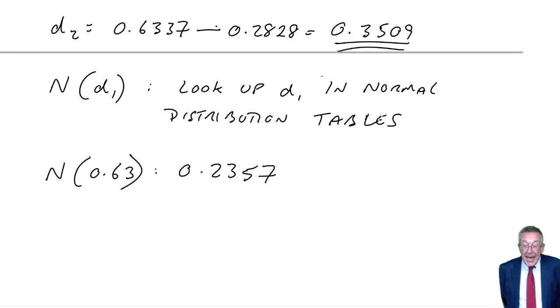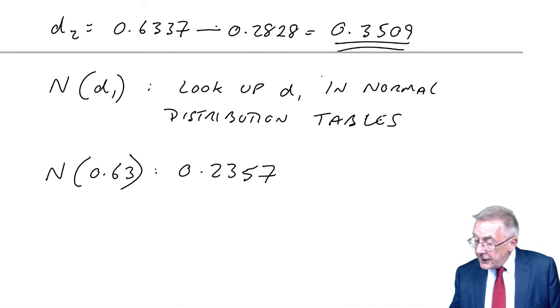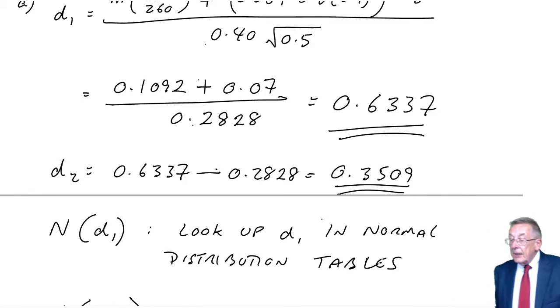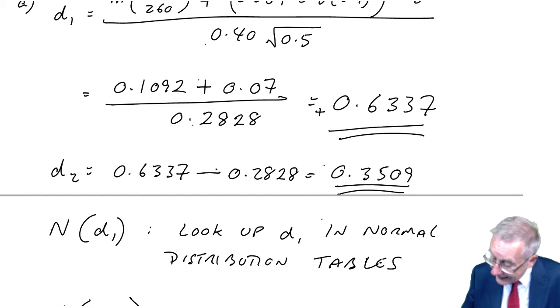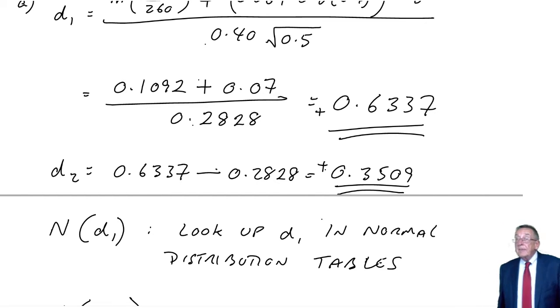If D is less than 0, we subtract the relevant number from 0.5. Now you may be wondering how it can happen. You'll see in the next example. But in fact, D1 and D2 here were both positive, but they could end up being negative, particularly D2, because it's D1 minus something. Well, you can end up with a negative number.